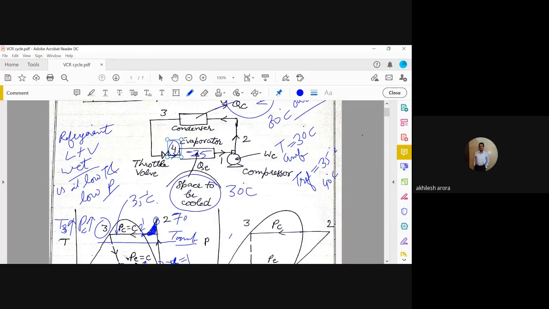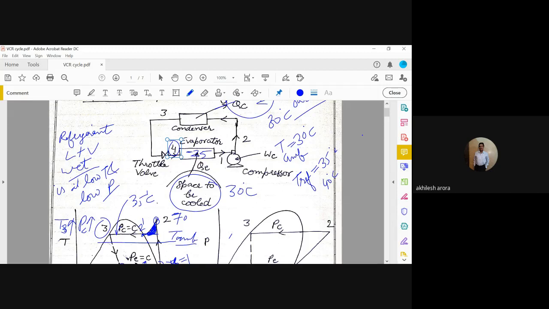Now, a capillary tube is very long in length, and its diameter is also very small. In fluid mechanics, you have studied that when a liquid enters from a larger diameter into a smaller diameter pipe, there is a drop in pressure.